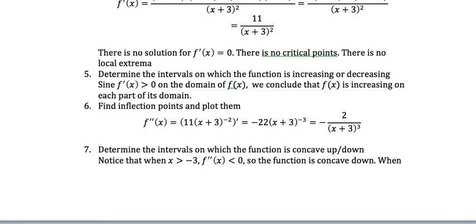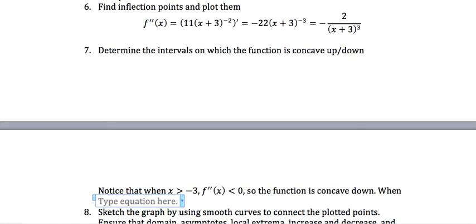When x is less than negative 3, then we can say the second derivative is always greater than 0.